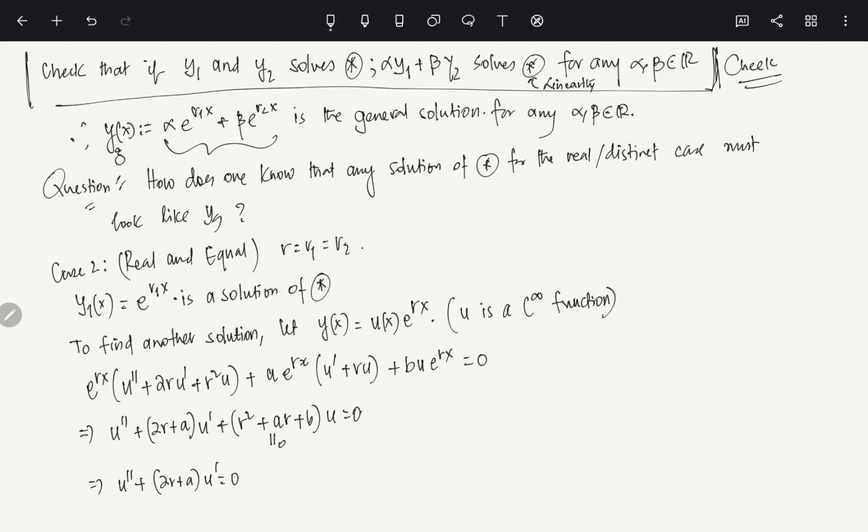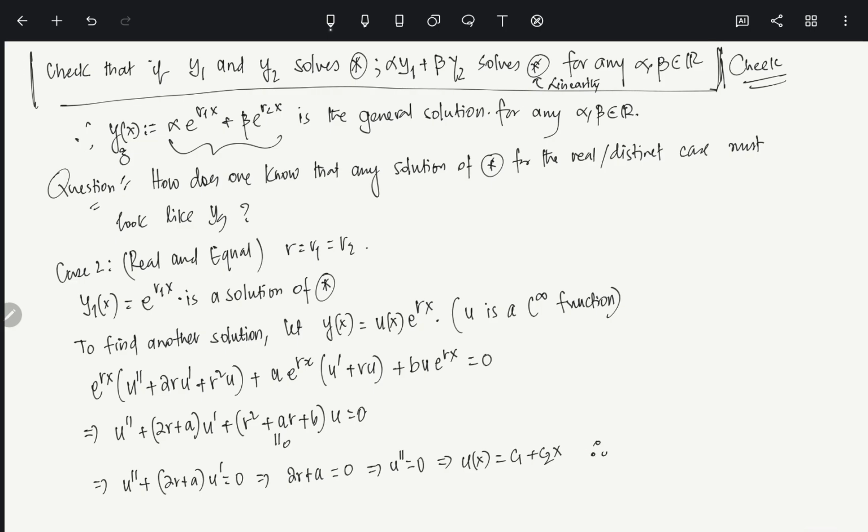Now, r is a repeated root, so that implies that 2r plus a equals 0. Clear? And if this is the case, then u double prime equals 0, and I am just looking for one u which will satisfy this. So u of x given by c1 plus c2 times x will satisfy such an equation, u double prime equals 0.